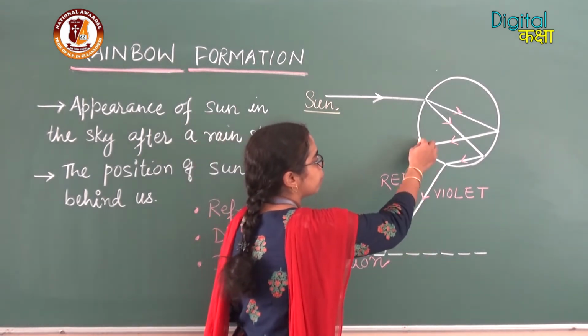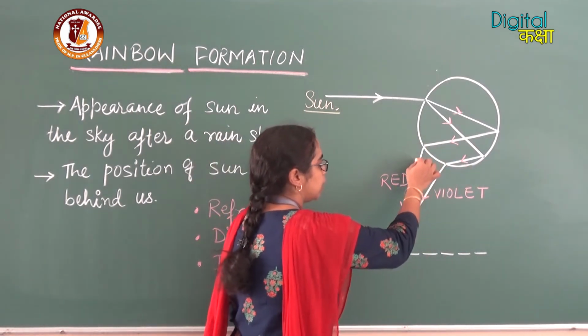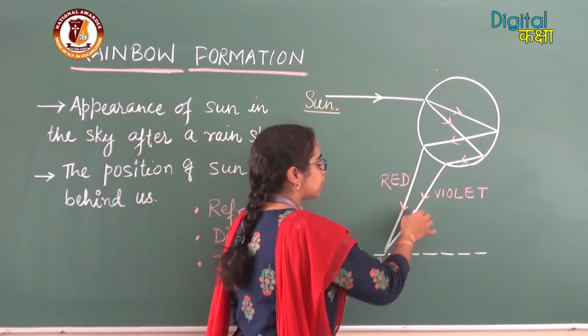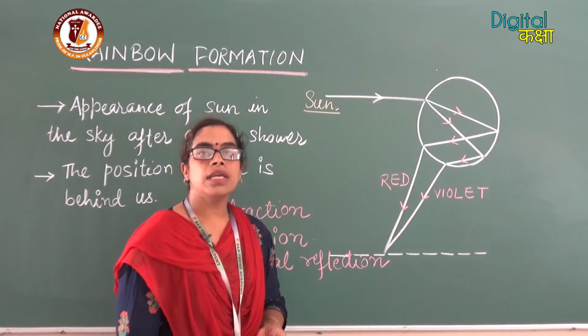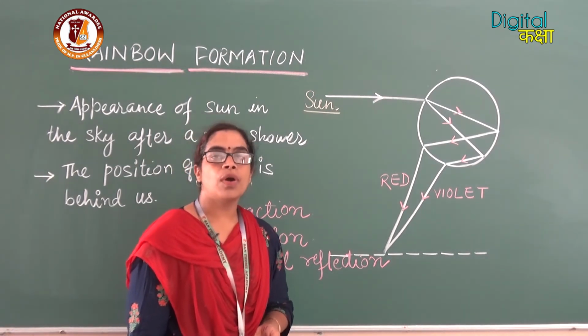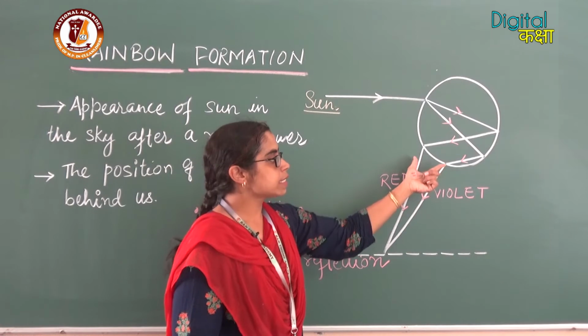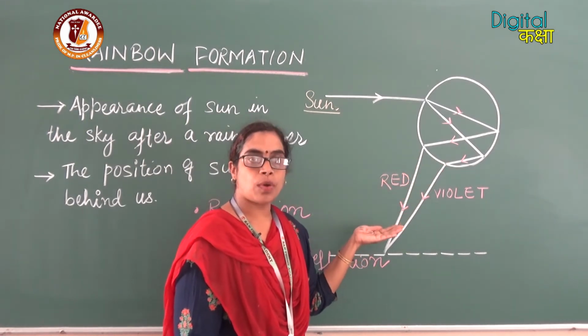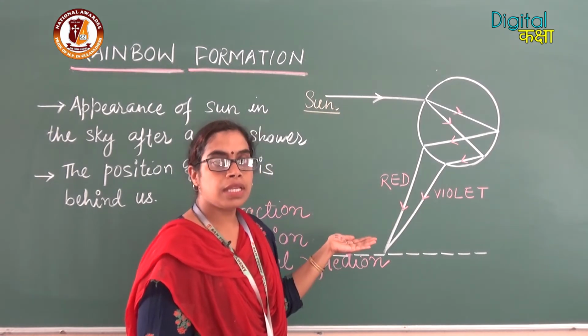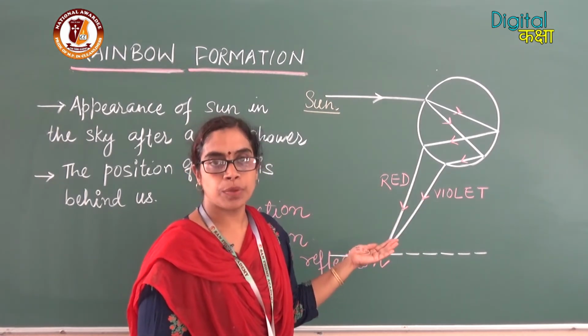And afterwards, from this surface, all the 7 colors are obtained outside the water droplet and are seen in the sky in the form of a rainbow.